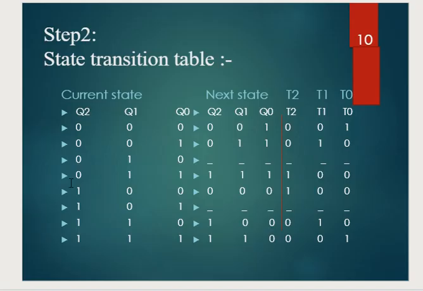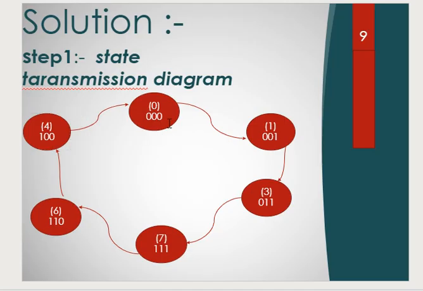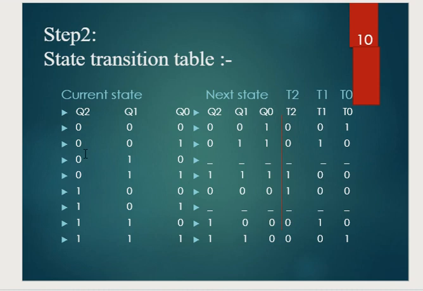Okay, so let me change the slide. Here, as you can see on the screen, is the transition table, and here I have listed the current state and the next state. The next state comes from the previous slide: suppose this is the current state, then the next state from 0 will be this one, which is 1, and the next state from 1 will be this, and again this, and this. So that's why I have listed current and next state.